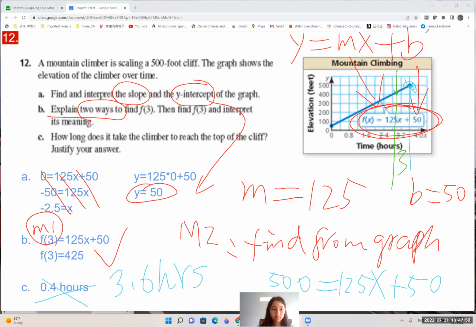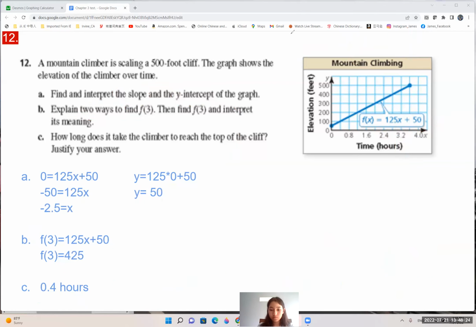Yeah, by this way, you can also find x equal to this. Okay, so again, you still have two methods. One is just get this information from graph. Another is get it from the function expression or equation. Okay? Yeah, please screenshot this. Okay.